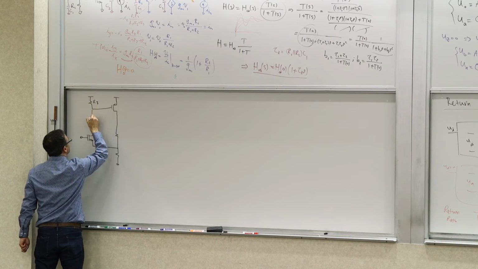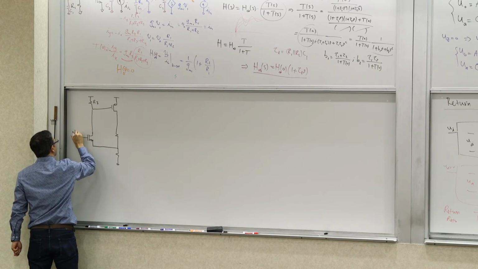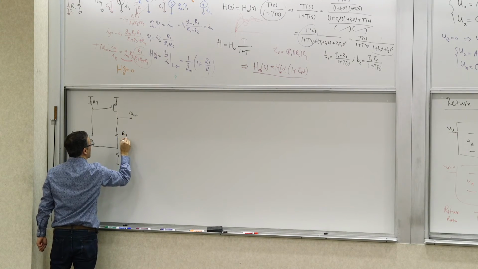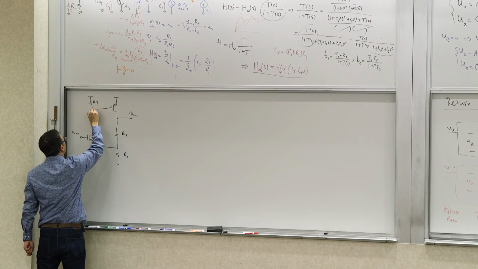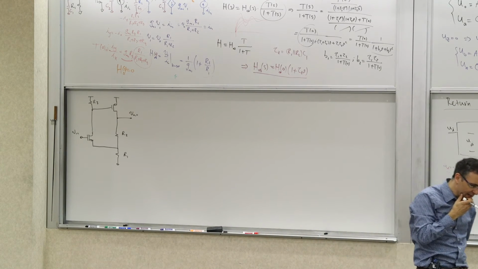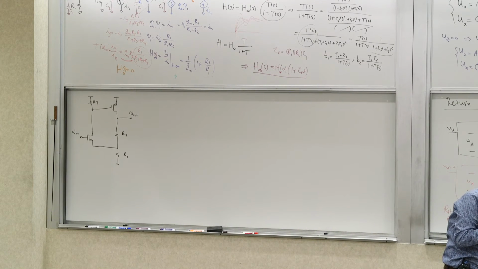R3, V in, and V out. This was, I think, R2 and R1. Let me just double check to make sure I haven't missed anything of what we wanted to have. Yeah, okay, so that's the one.